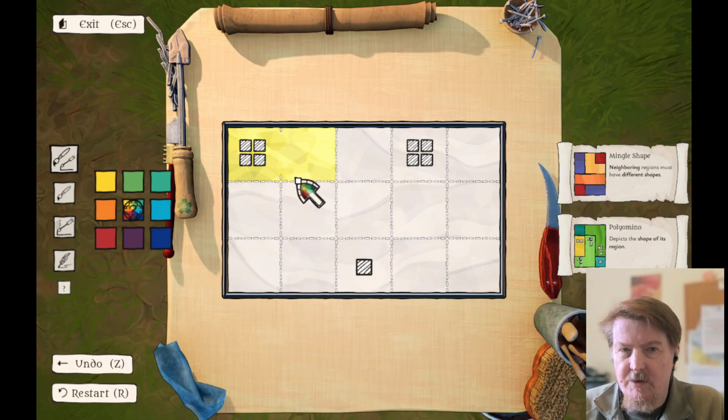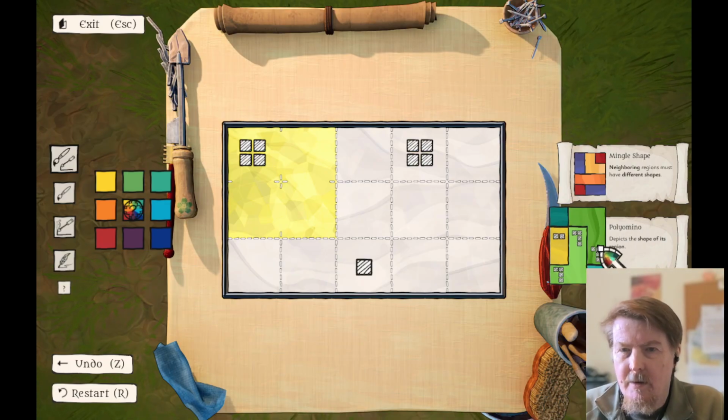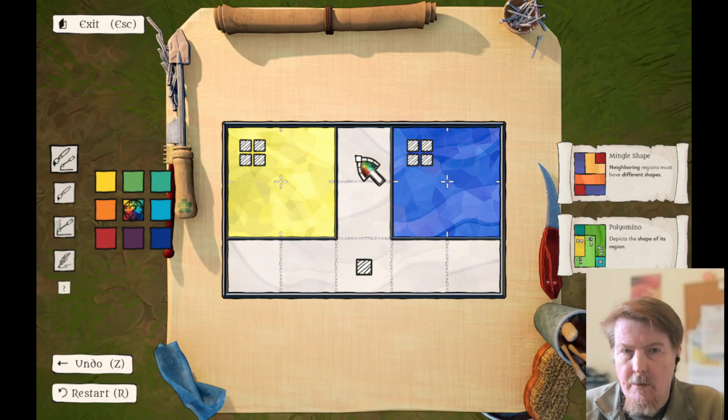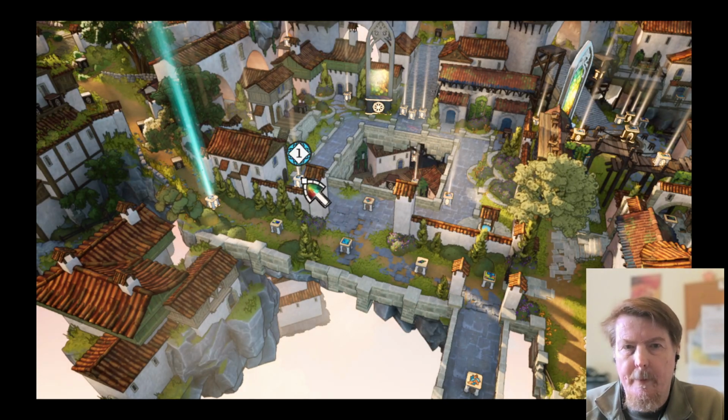Neighbouring regions must have different shapes. Oh, that's a new row. And this path is no longer on this window.